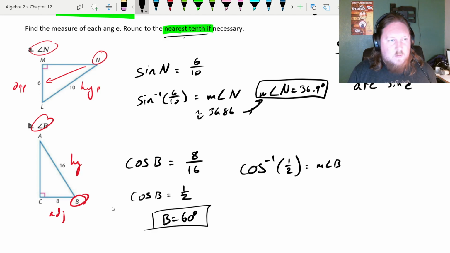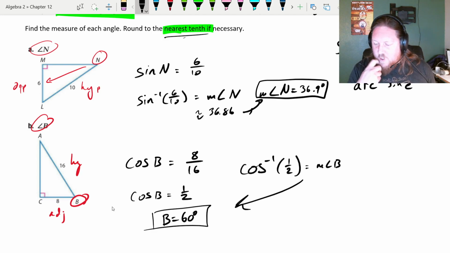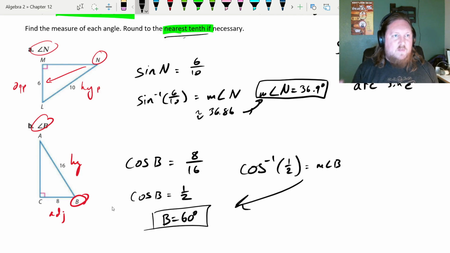So it worked. That was what we expected, right? So that's another thing that's nice about those tables. Even just getting it to the point where we recognize 1/2, root 2 over 2, root 3 over 2, those things all have some sort of relationships with each other. Then that'll make your life a little bit easier, because you know that's going to be 45, 60, 30, right? Those are pretty common ones.